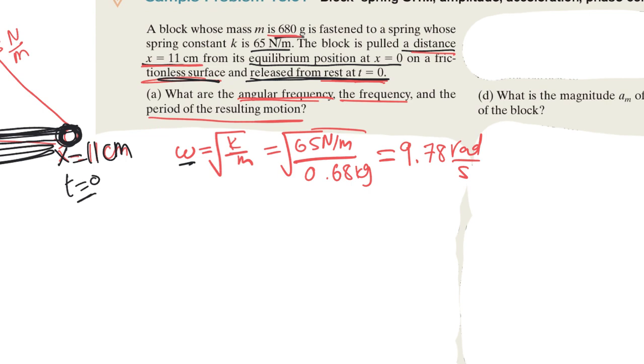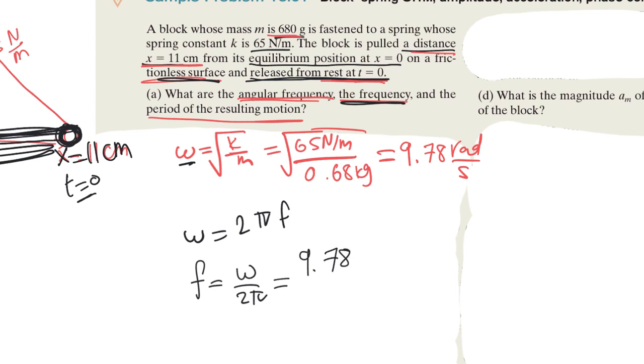Then if we want to calculate the frequency, we know that the angular frequency is equal to 2 pi f. So the frequency will be equal to omega over 2 pi. So 9.78 over 2 pi will give us 1.6 hertz.